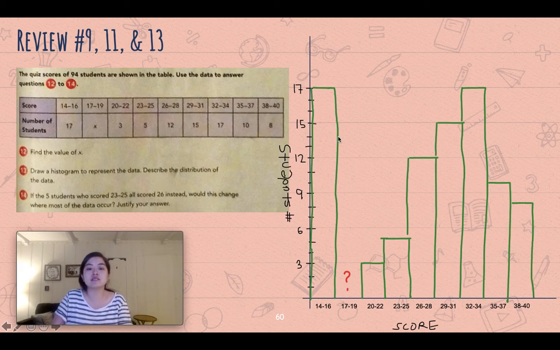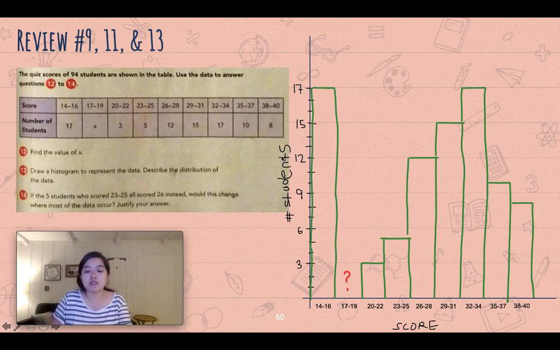Okay, and let's see. It says to describe the distribution of data. Well, if these are the scores on the test, the lowest is between 14 and 16, and the highest is between 38 and 40. It looks like the highest value is 40, and the lowest value is 14. So I'm guessing the quiz was out of 40 points. That's what I'm assuming from my chart, my table, and from my histogram here.